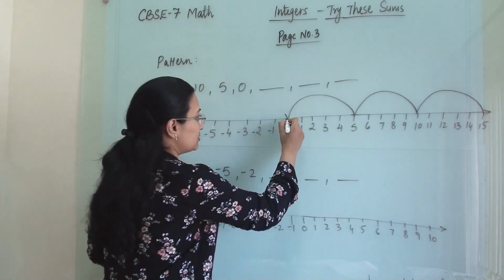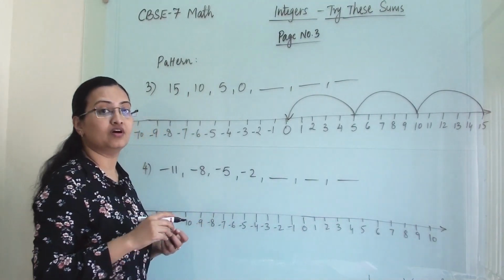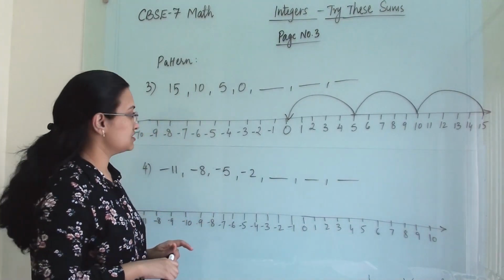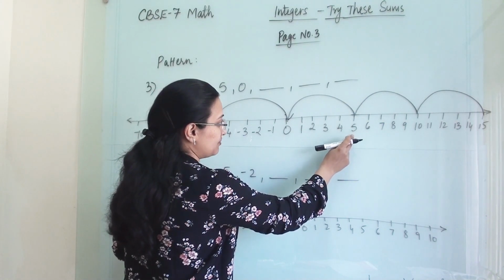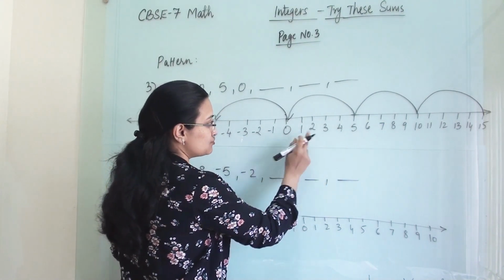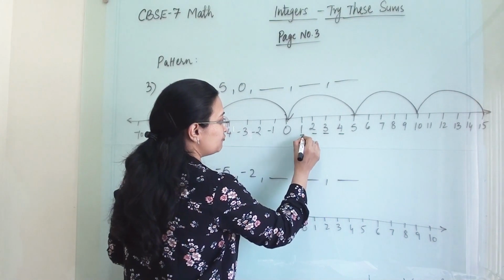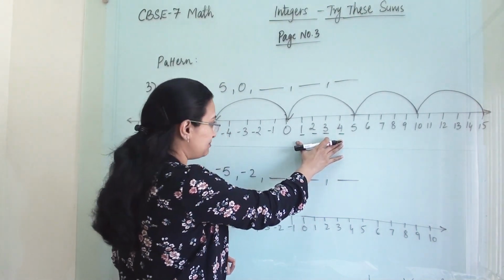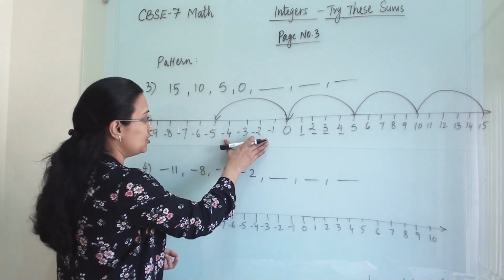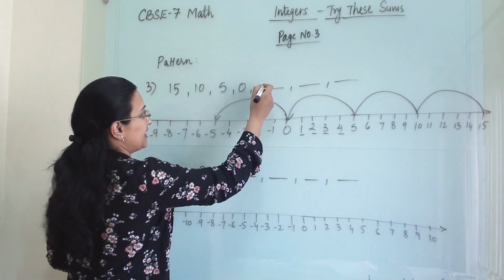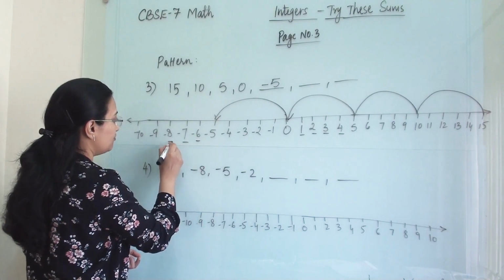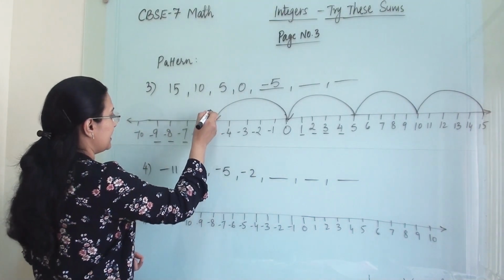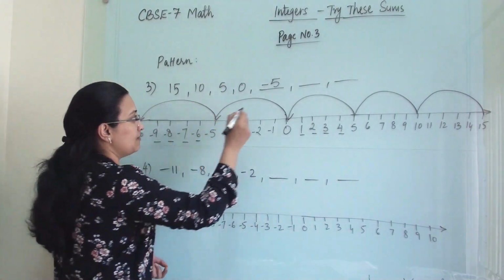Once we got 0, after that we again skip 5 numbers towards the left hand side. We were on number 5, we got number 0, so in between, 1, 2, 3, 4, we have skipped 4 numbers. Here also we skip 4 numbers and we get minus 5. Again we skip 4 more numbers and we will land on minus 10.